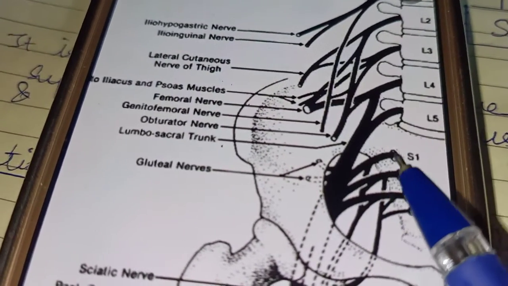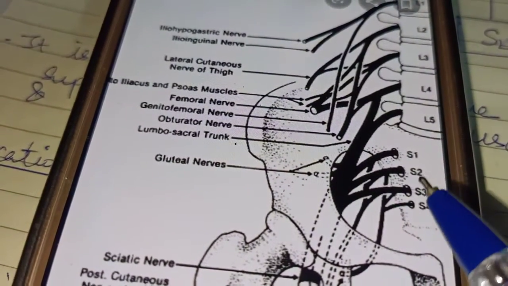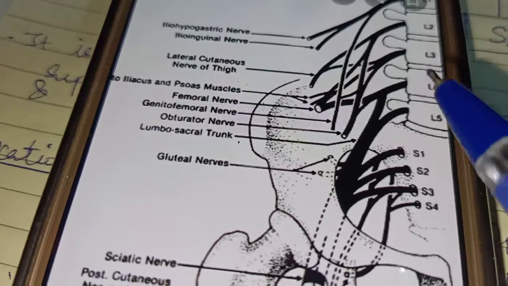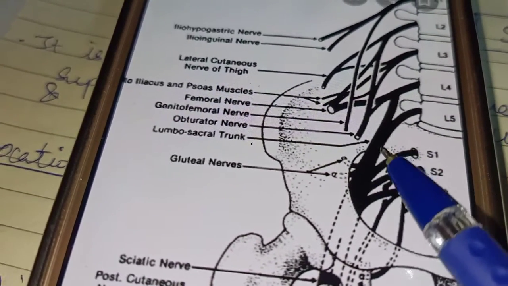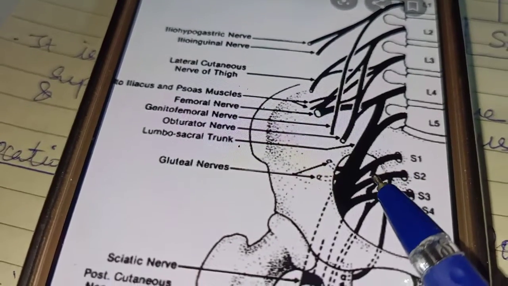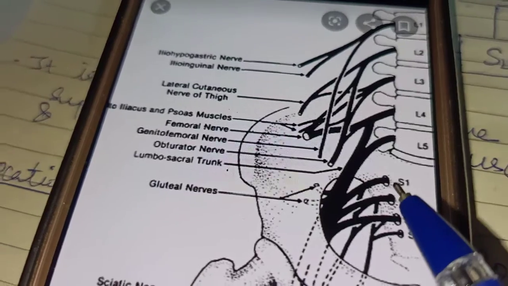The anterior division, or anterior rami, of S1 to S4 spinal roots and the lumbosacral trunk has both dorsal division and ventral division. So now, what is the meaning?